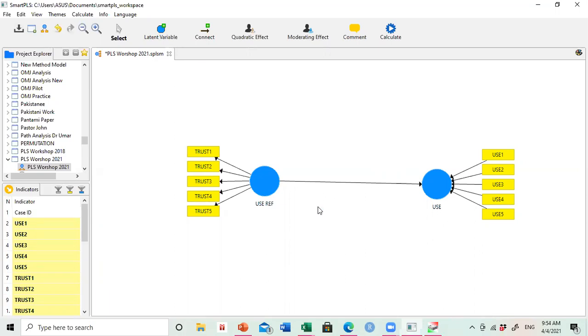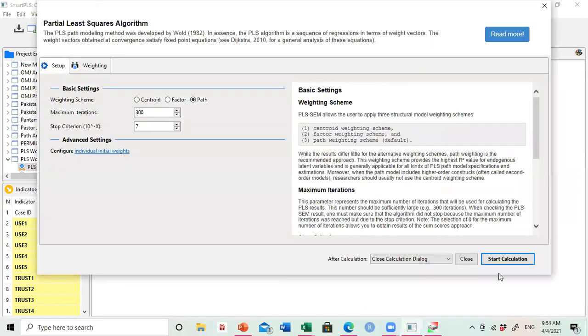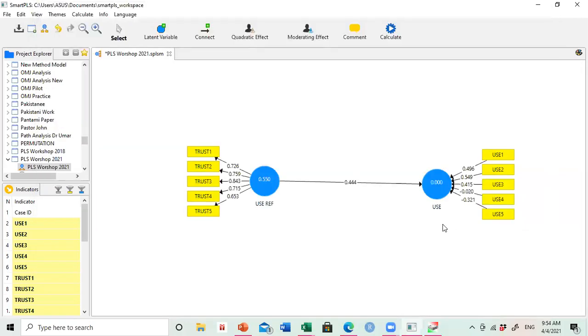If these reflective items are fully predicting the formative items, then we say we achieve redundancy. For example, we run it and see whether it is high.